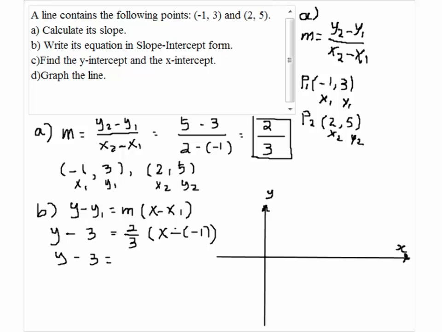So y minus 3 equals 2/3 times x plus 1. By distributing 2/3 to each term in the parentheses, we have y minus 3 equals 2/3 x plus 2/3.